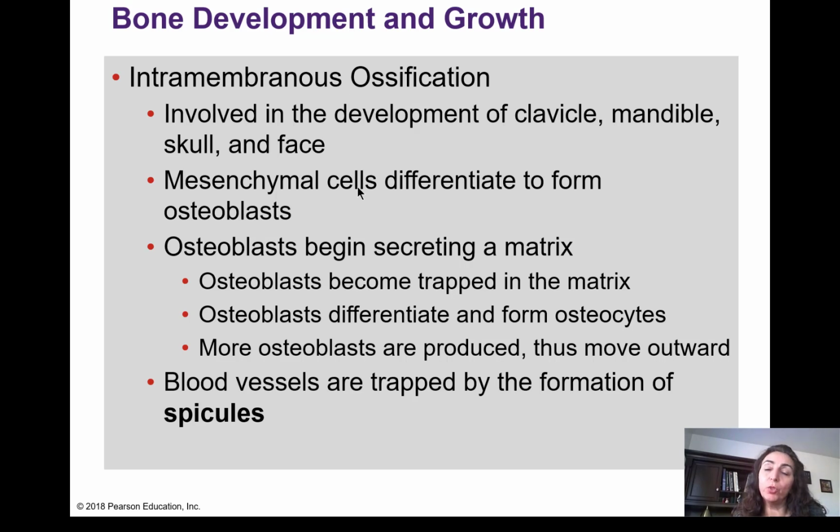Angiogenesis is the ability of the body to produce new vessels wherever new tissue is forming, to support the new tissue. The same is true here. When new bone is forming, new vessels are produced inside, and they're also trapped in the formation of the new bone in the middle. Just a detail about that.